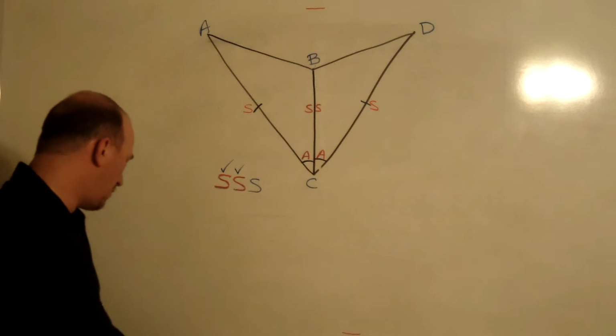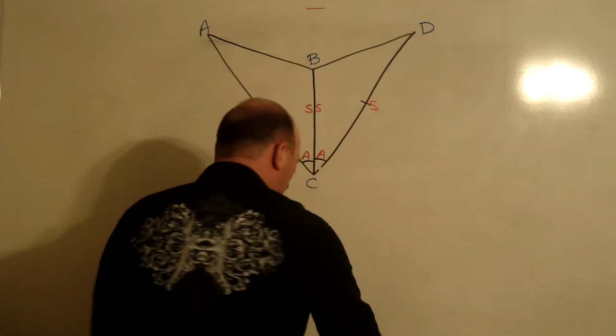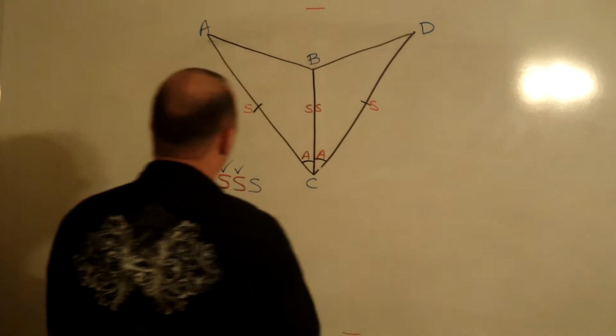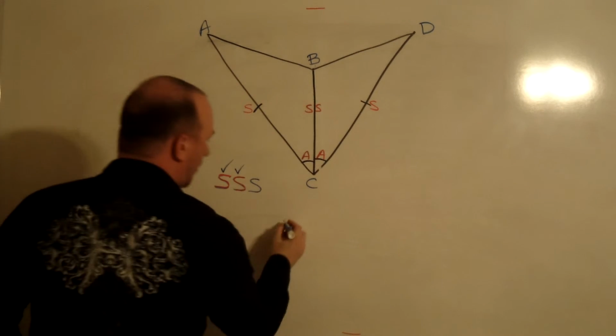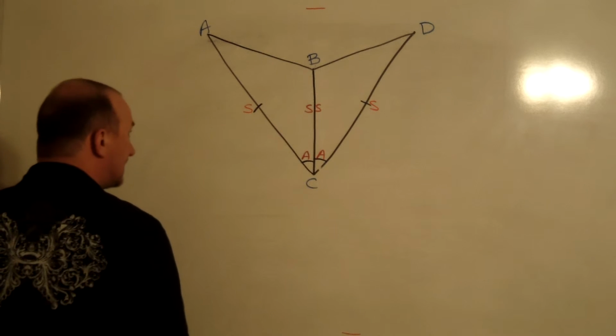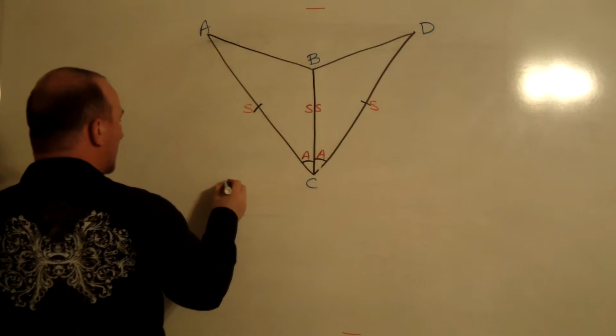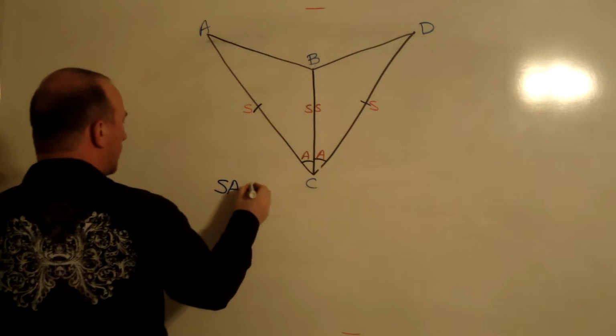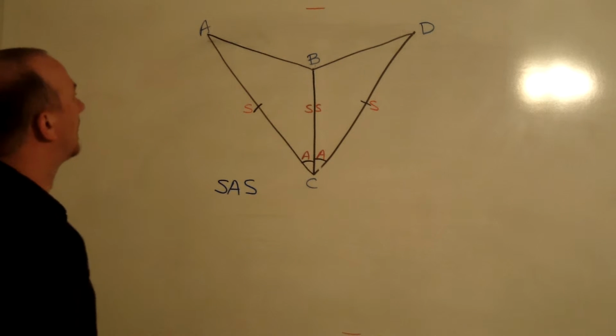We just got to be careful with how we write it so that people will know exactly what we're trying to say. So let's start off with first saying we are proving that these two triangles are congruent by side, angle, side.